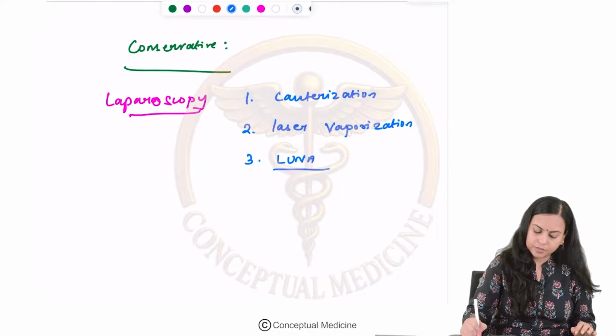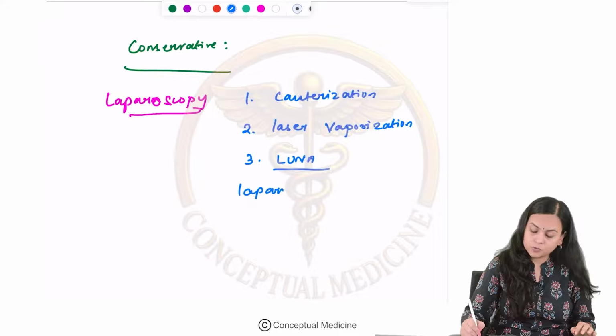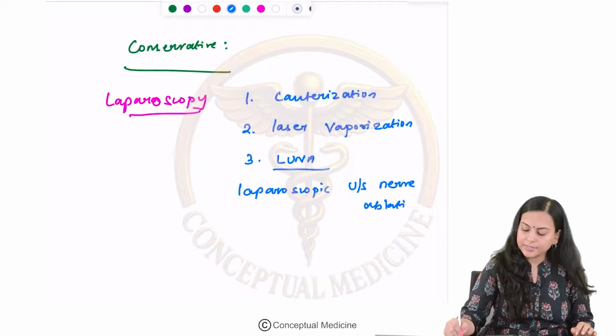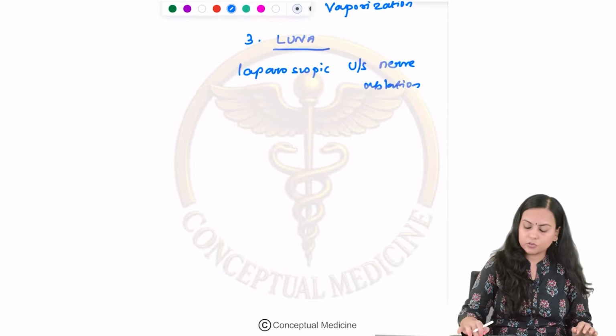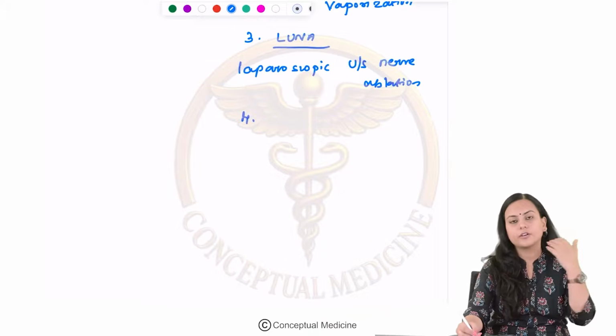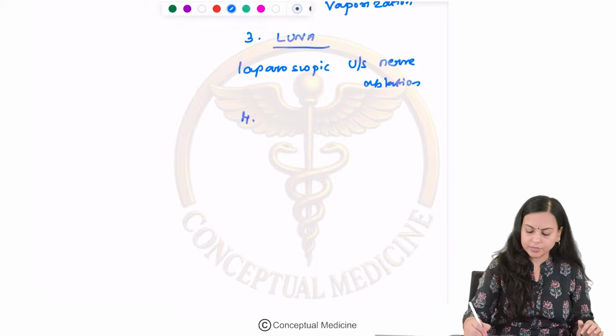LUNA, that means laparoscopic uterosacral nerve ablation, because we have seen nerve irritation is one of the causes in endometriosis, and hence this is offered when the pain is much severe.